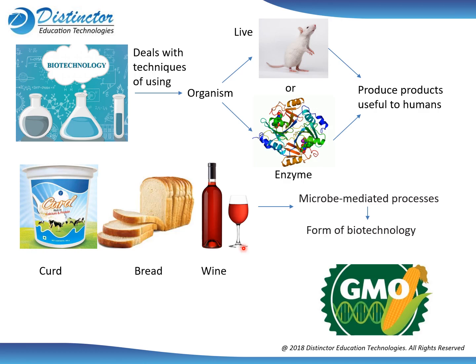The next one is genetically modified organisms. Genetically modified organism means that in a particular organism, we modify the genetic composition. So that is called a genetically modified organism. These organisms have a restricted sense in the biotechnology field because a GMO is produced by the biotechnology process.